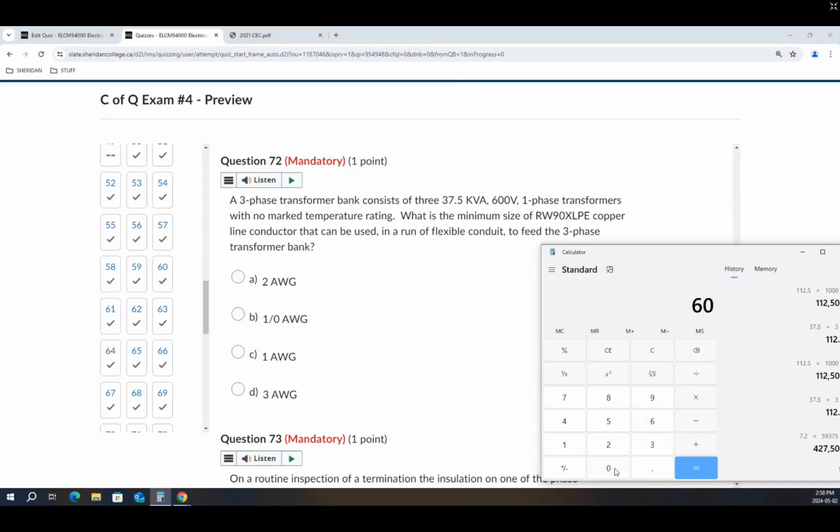So that's going to be 600 times 1.73. And that's my denominator, so I'm going to make that an inverse, multiplied by my memory. And that gives me 108 amps on the primary side.